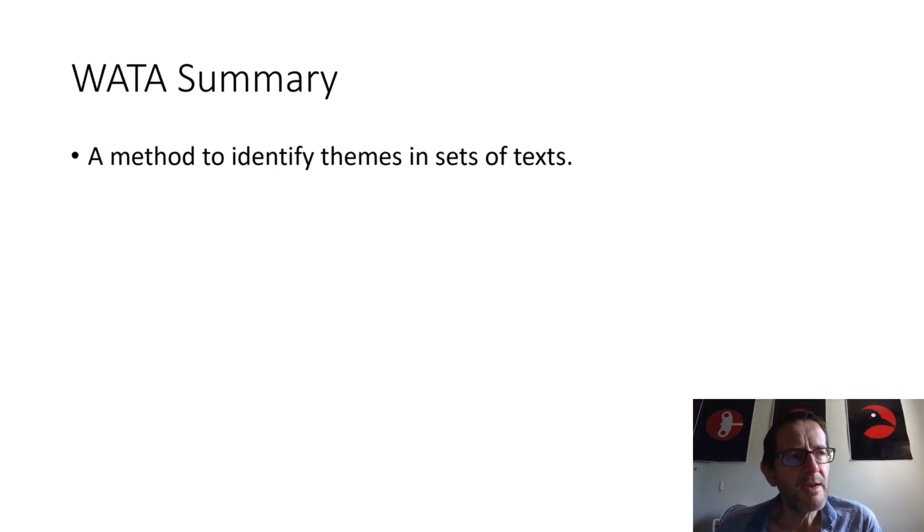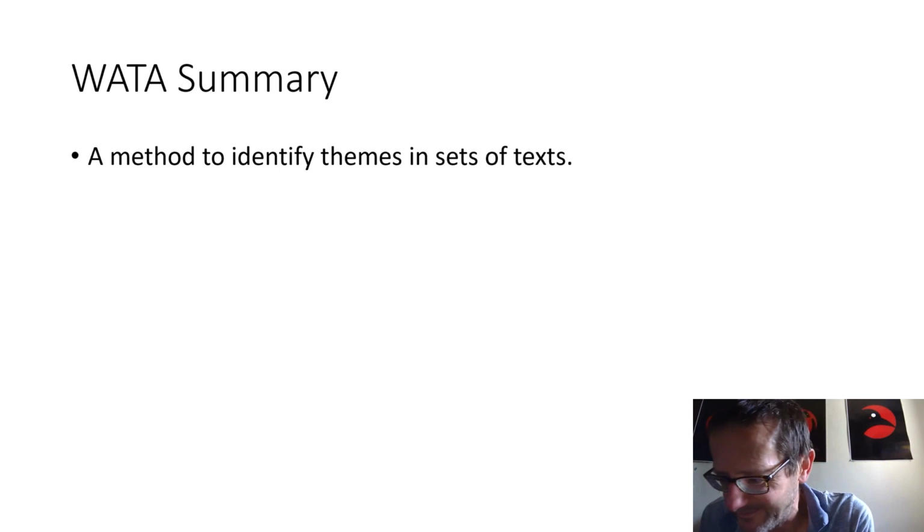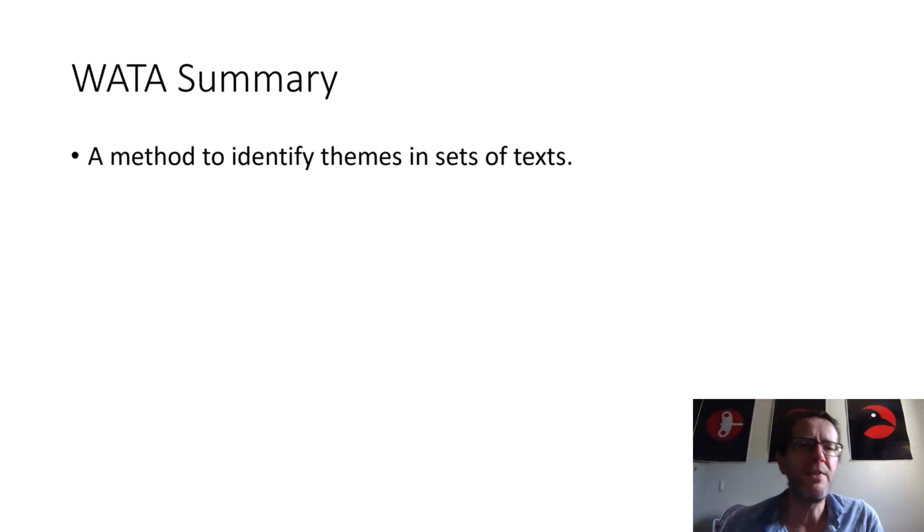If you have used other methods which identify themes in sets of text, like one of the versions of thematic analysis, or content analysis perhaps, then this method differs from those by focusing on the differences and finding more fine-grained differences than you can find with content analysis or thematic analysis, as we'll see later on.